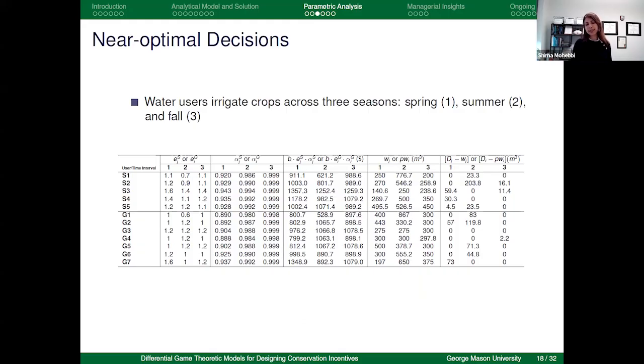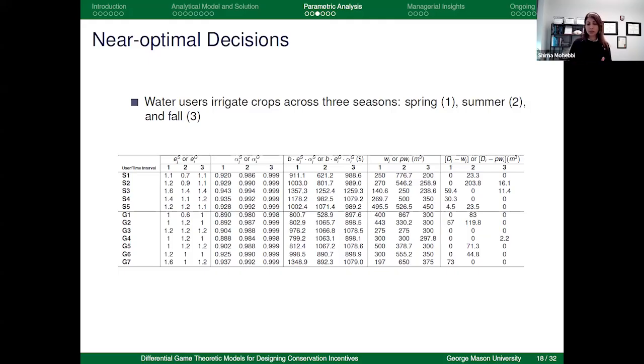After characterizing the NGO's utility function, we identified that the problem is non-convex in all seasons. So we obtained near optimal decision variables for water users and the NGO. You can see the results in this table. The second column shows the near optimal NGO's decision variable, effort level.